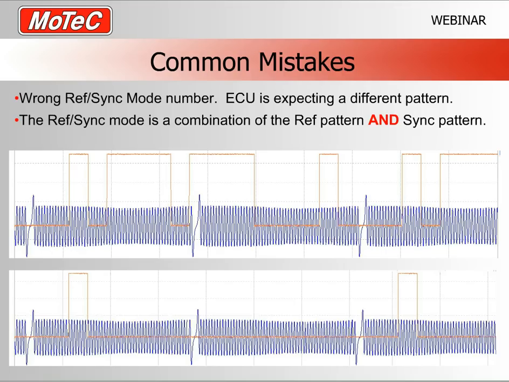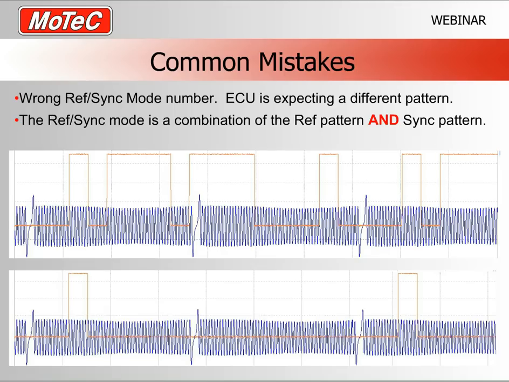Basically, the top one is what we affectionately call our BMW mode 17. It has 60-2 teeth on the crank in blue, and the sync signal is 4 teeth, 2 short, 2 long. That has a specific ref sync mode number, which is number 17. The bottom one is the same crank pattern, but a different cam pattern.